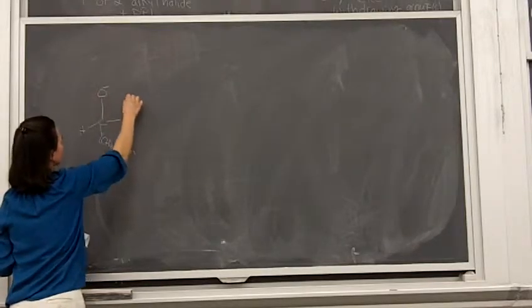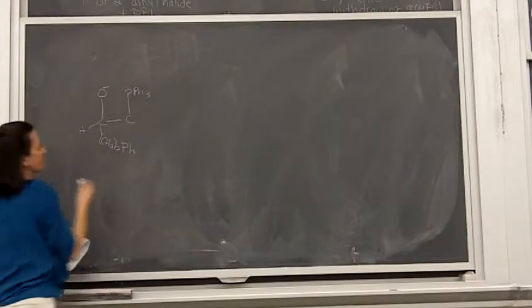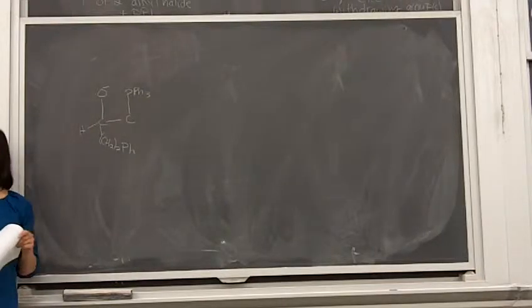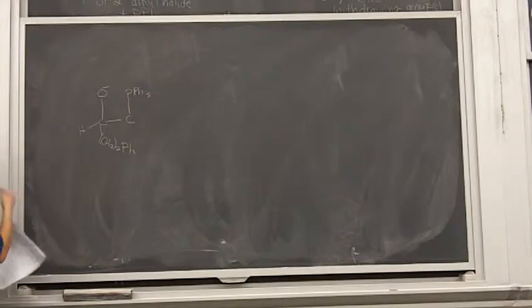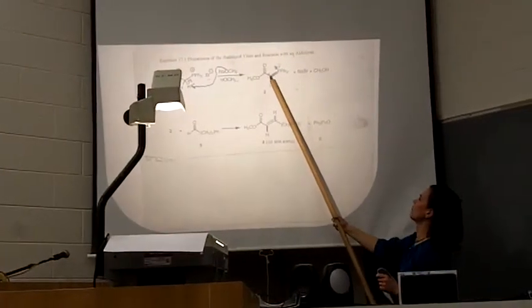So we've got our negative charge here, triphenylphosphine. What's going to be off of that carbon? Which carbon is that guy? So this part, which carbon is it? This guy here, right?